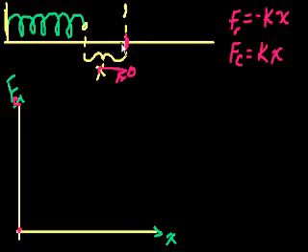To displace the spring 1 meter, how much force will we have to apply to keep it there? If this is 1 meter, the force of compression is k times 1, so it's just k.